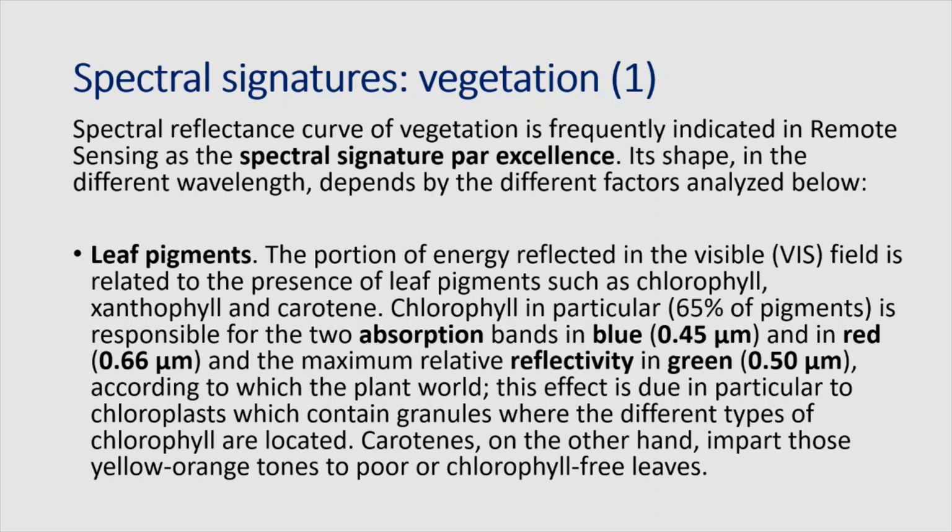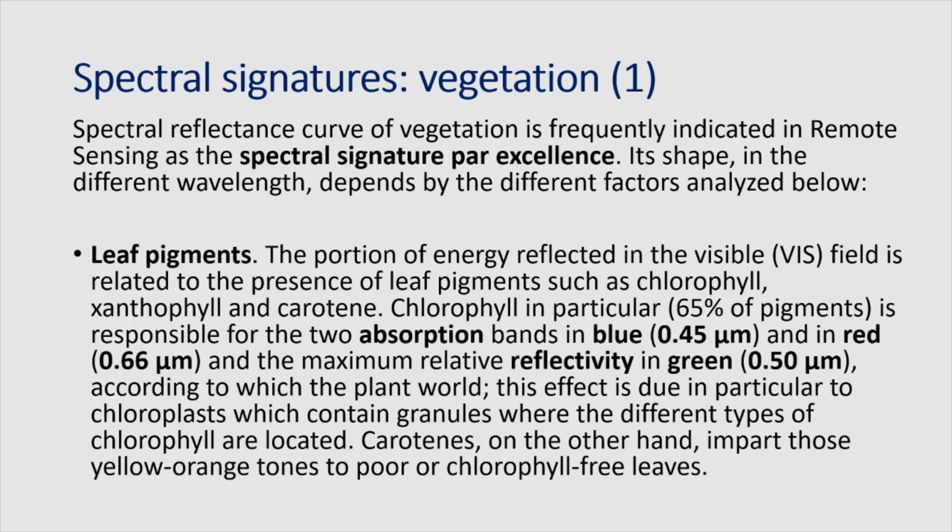The portion of energy reflected in the visible field is related to the presence of leaf pigments such as chlorophyll, xanthophyll, and carotene. Chlorophyll in particular, which represents 65% of the overall pigments of the leaves, is responsible for the two absorption bands in blue and in the red, and the maximum relative reflectivity in green, according to which the plant works.